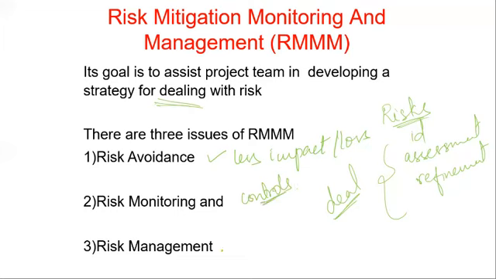Then risk management, how you're going to manage those risks if that risk occurs, if the controls might not be able to completely nullify that risk. So how you're going to manage those controls, or how you're going to recover from those risks, that will be identified.